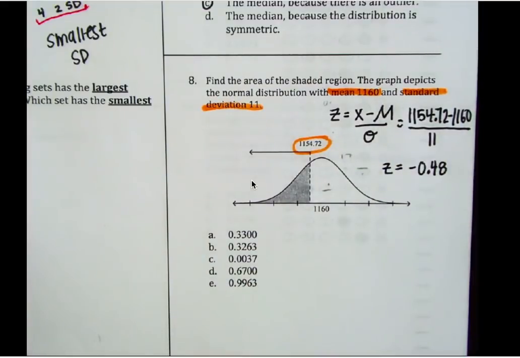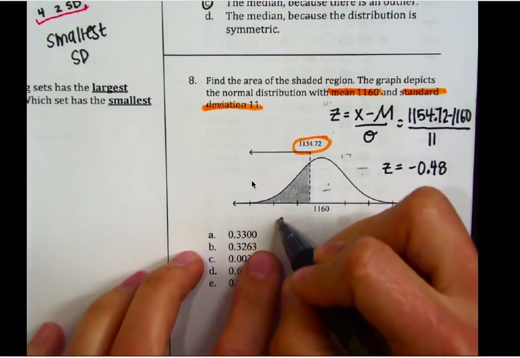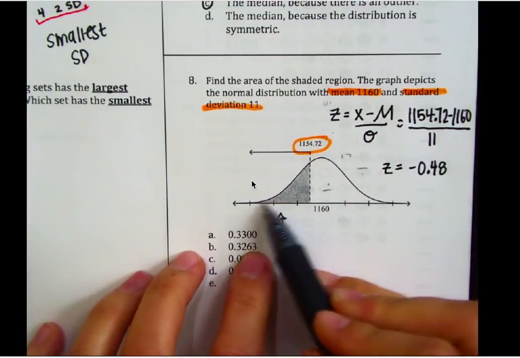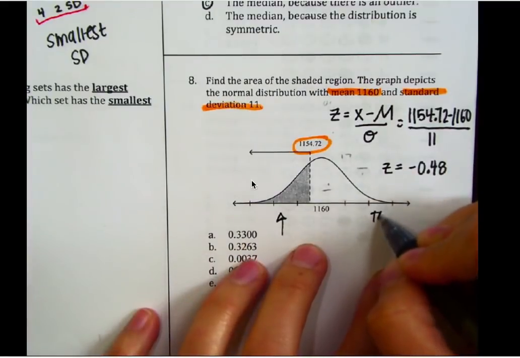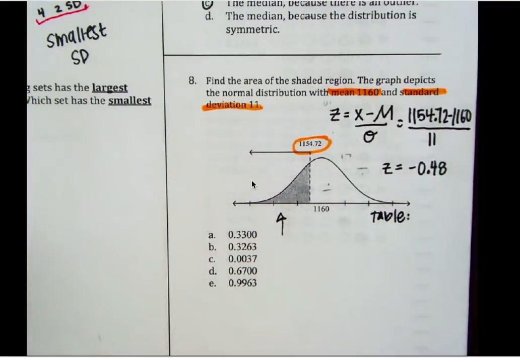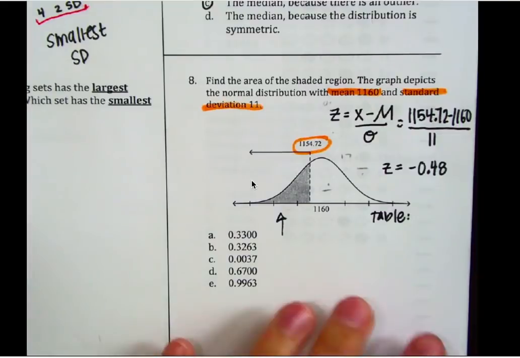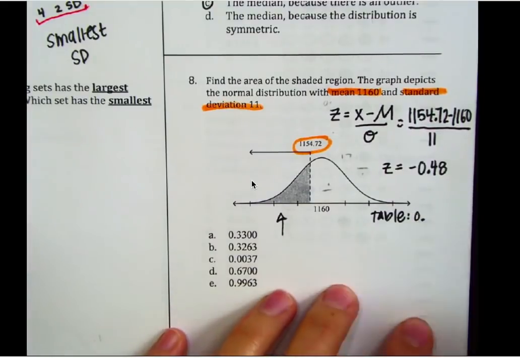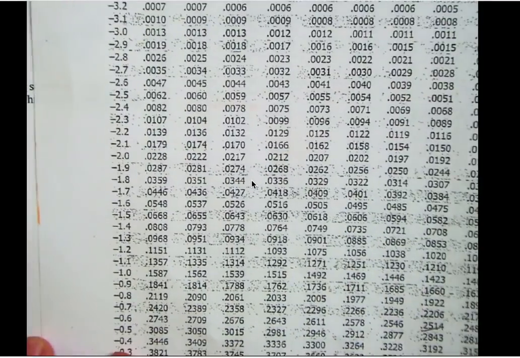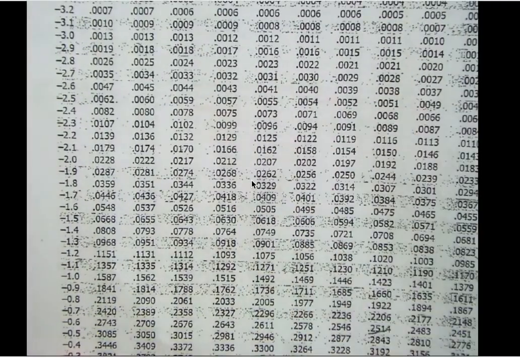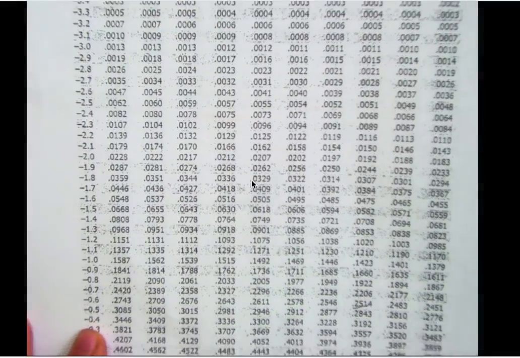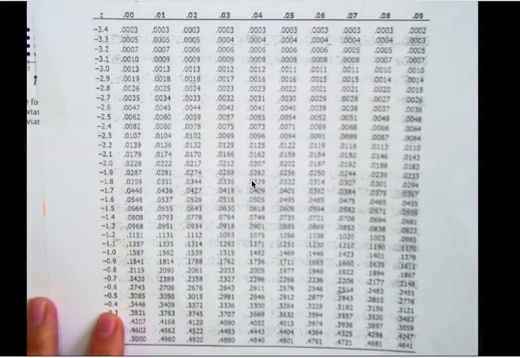Okay, so now what I need to do is go ahead and look that up in my table, and the table is going to tell me my area to the left. So my answer will be this area when I look up negative 0.48. And that is going to be from my table. I'll go ahead and show you guys again how to look that up. Negative 0.4 meets the 8. Zoom out a little bit.